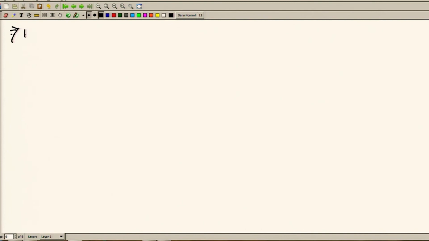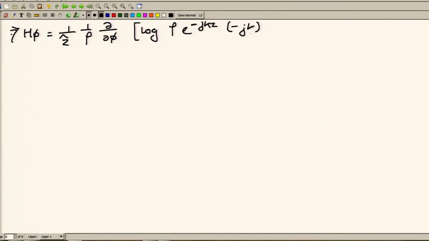So, we will have H phi as 1 upon Z cap 1 upon rho del phi of log rho e to the power minus j k z times minus j k. So, this will be 0. So, H phi is also 0. This is equation 23.